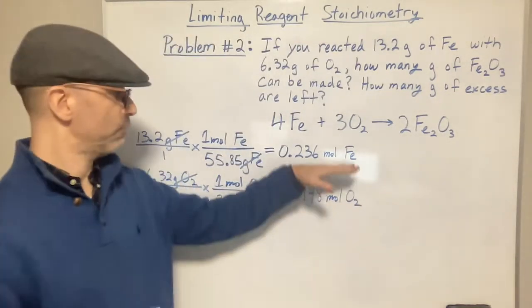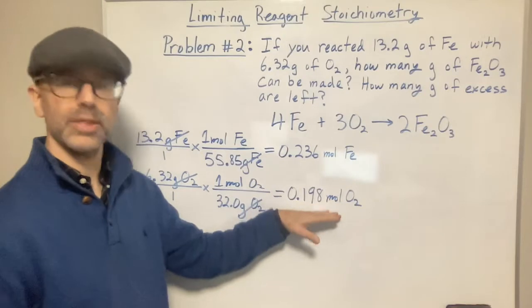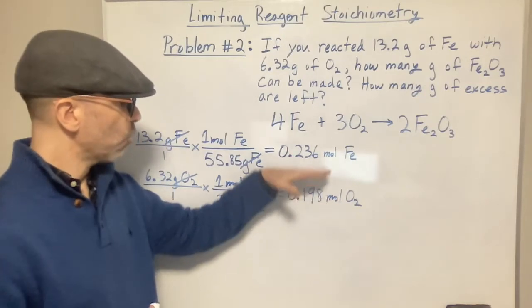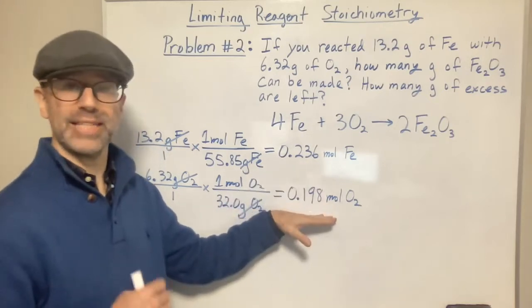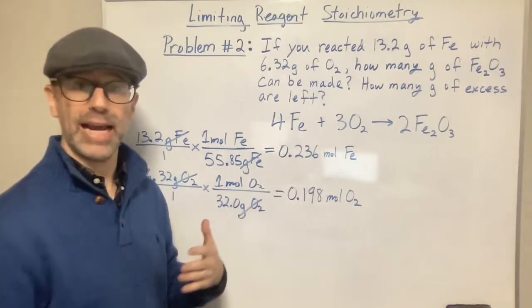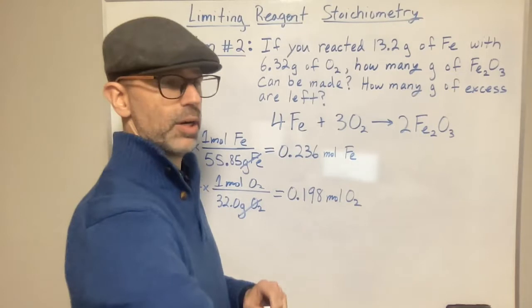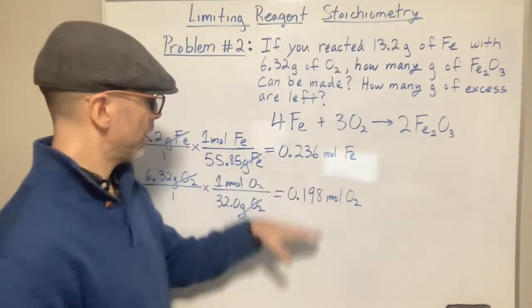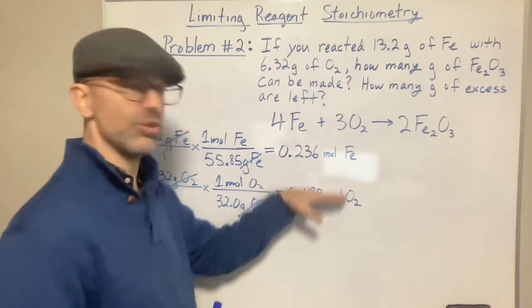So now that I have my two reactants in moles, I can compare the two and see if I have what I need. So I'm going to take the amount of iron, and it doesn't matter which one you do.